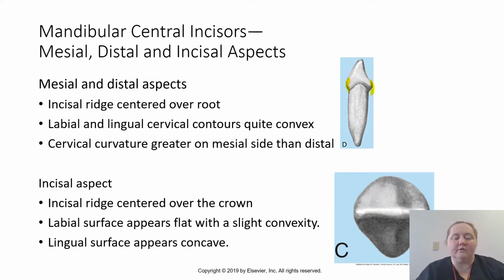The cervical curvature is greater on the mesial than on the distal, all right? And that's kind of a general rule of thumb, right? As far as the incisal ridge is centered over the crown, and the labial surface appears flat with a slight convexity, and the lingual surface appears concave.